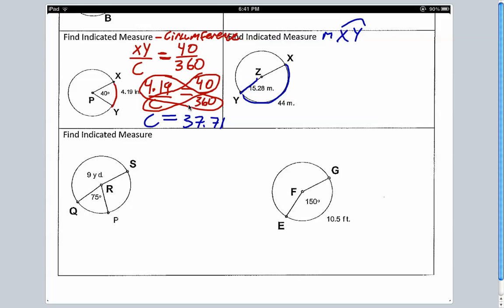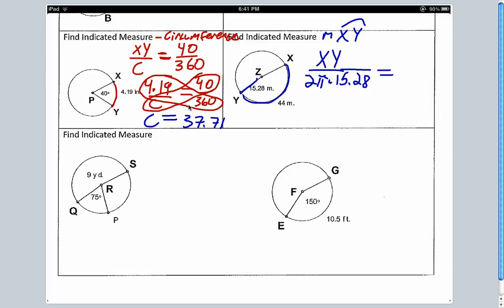So my theorem says this, the length of xy, so I'm just going to call that xy, divided by 2 pi r. Well, that's going to be 2 pi times r, which is 15.28. That's going to equal 2 pi times 15.28, and that's going to equal the arc measure.